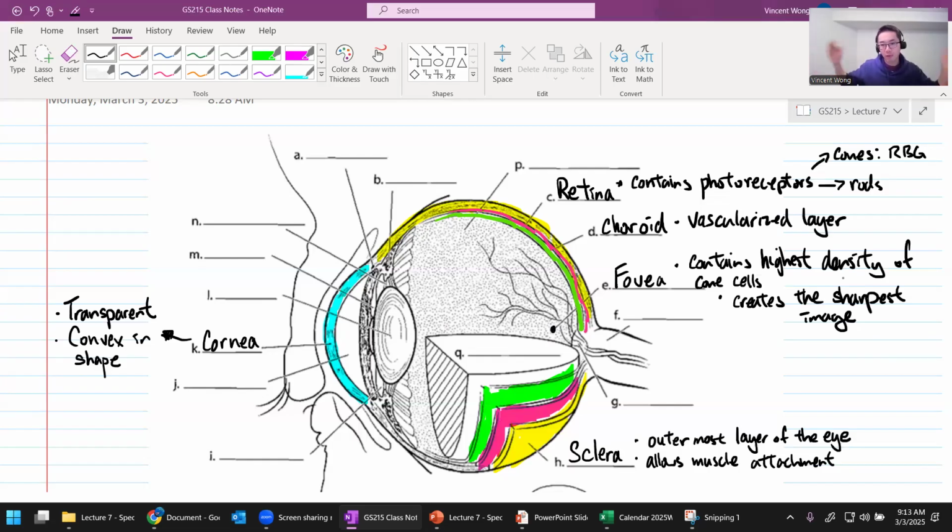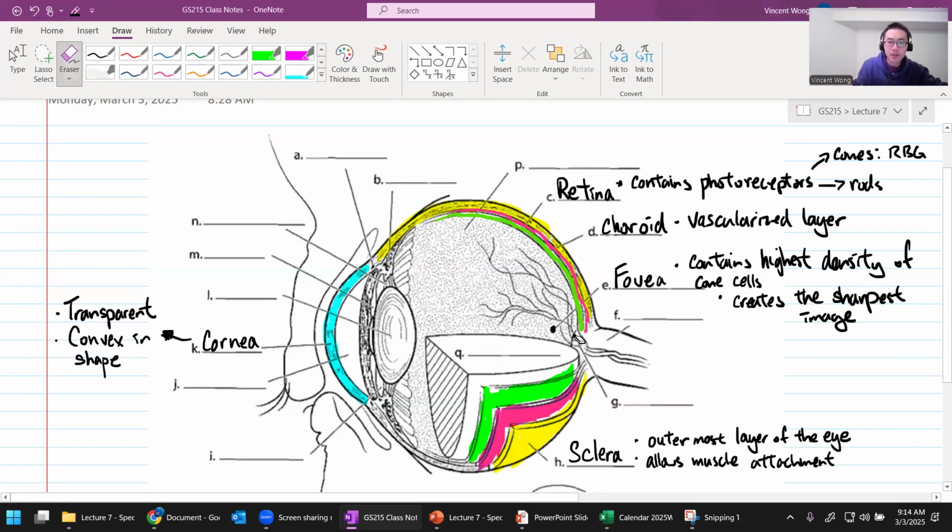You're aware of what's going on in your periphery, but you cannot make out details about those things. I'll explain more when we get to the PowerPoint slides, okay? But you can only focus on one thing at a time, and that thing is going to be projected onto the fovea. It creates a high definition image of whatever you're looking at.